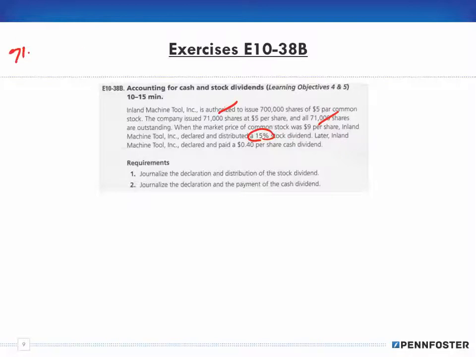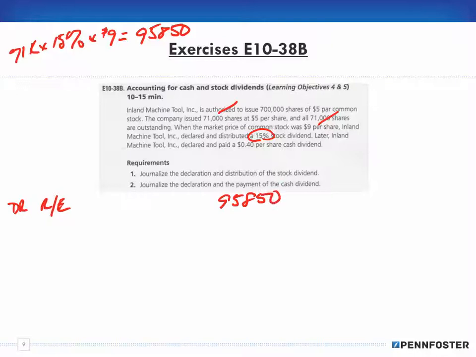So 71,000 times 15% times $9 a share gives us $95,850, which we're going to take out of retained earnings. So we debit retained earnings for the $95,850.